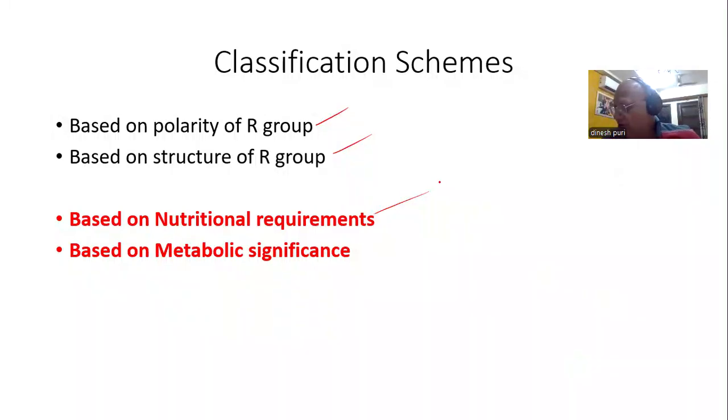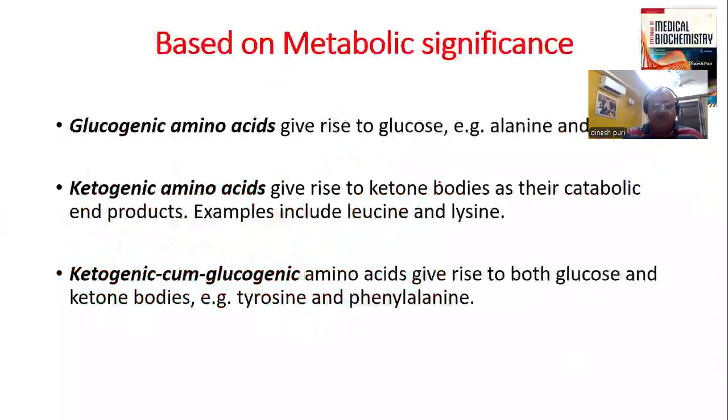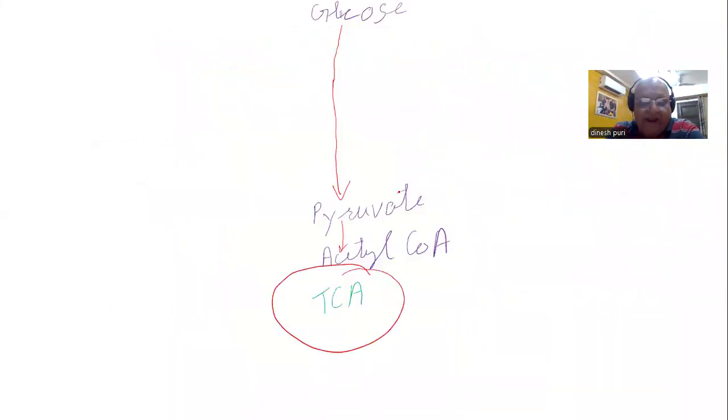So we have seen the first, second, third classification schemes. The last one we are going to see is based on the metabolic significance. There are 3 types. Some amino acids are called glucogenic. They can give rise to glucose. Ketogenic, they can give rise to ketone bodies. Let us see how and why.